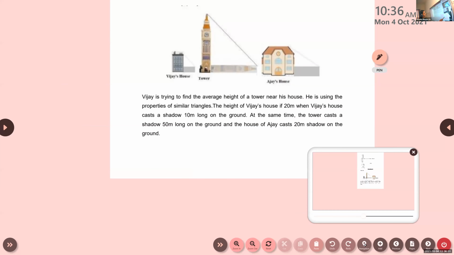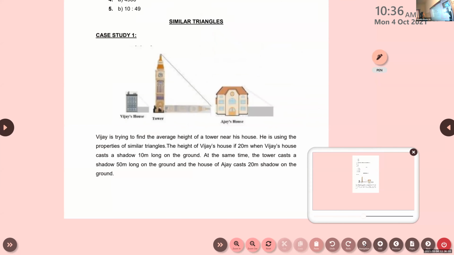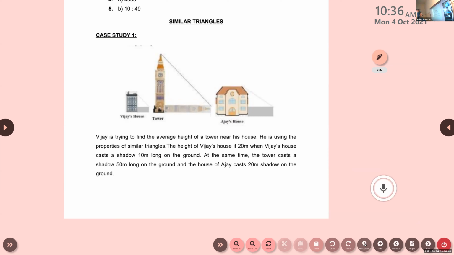Okay, look at this question, children. Listen to this question. Look at here. So Vijay, can you read that? Ashik, read this question. He is trying to find the average height of a tower near his house.